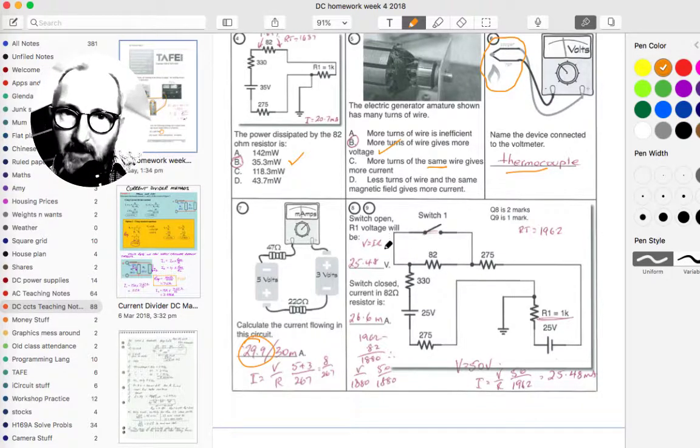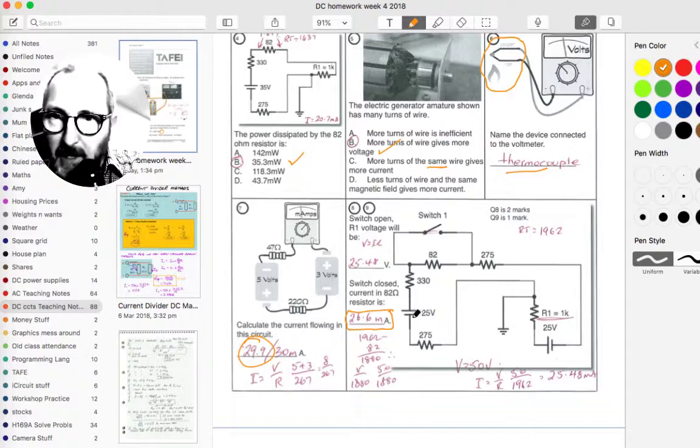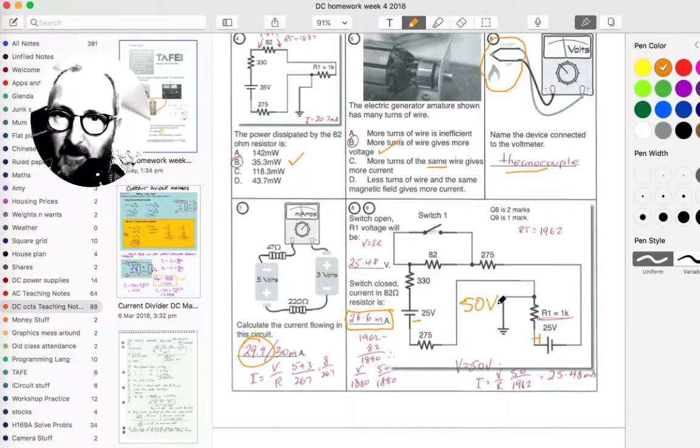Last question, and it's interesting here. I'll talk about this answer in just a moment, but the first answer: switch is open, R1 voltage will be. So if the switch is open, we can just ignore the switch. We've simply got two batteries. They are aiding each other at the moment. That is positive to negative. That's 50 volts.